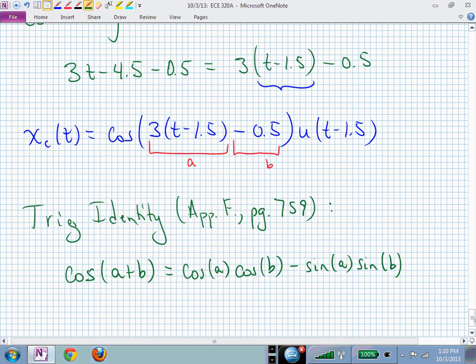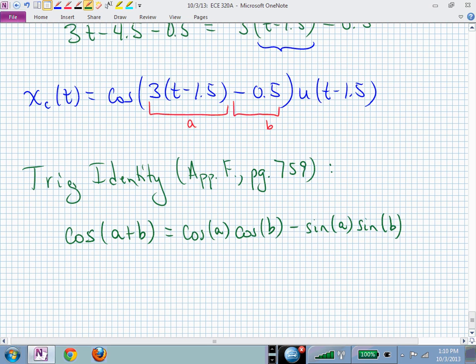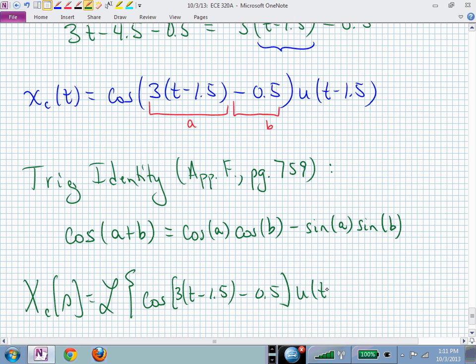So now I want x sub c of s, which is the Laplace transform of this cosine of 3 times the quantity t minus 1.5 minus 0.5, times u of t minus 1.5.